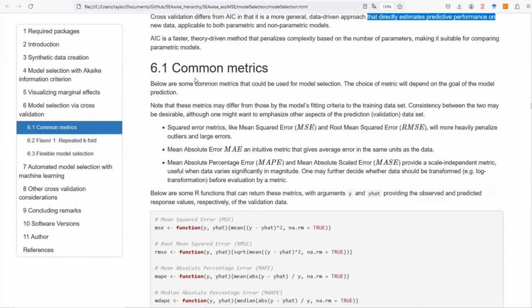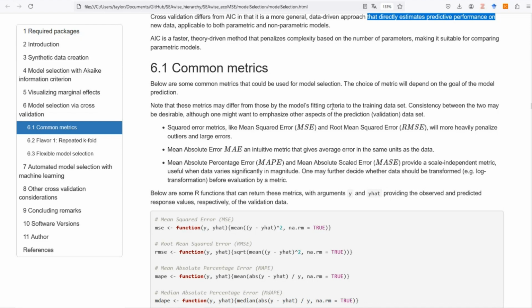I honestly don't have a good idea about which are the best metrics for every situation. I've listed a few more common metrics here and tried to generalize when they might be more or less appropriate. So the one that you choose might differ from those by the model fitting criteria, which is also interesting.